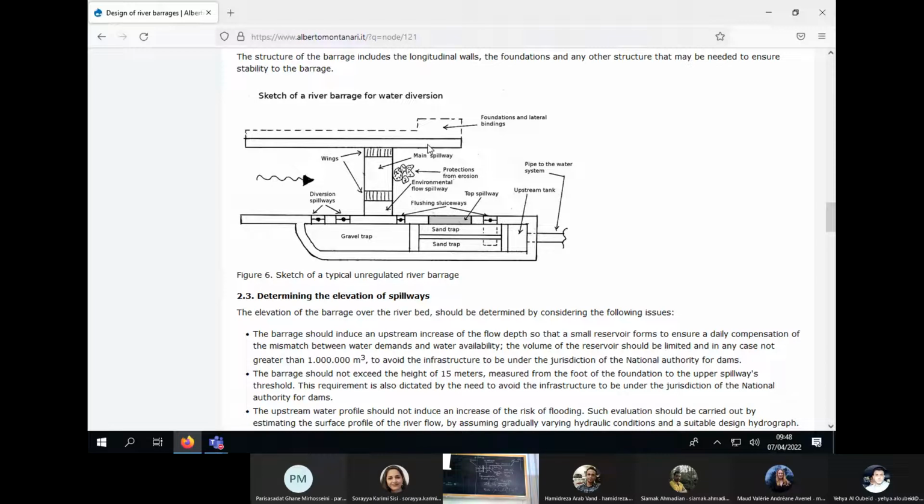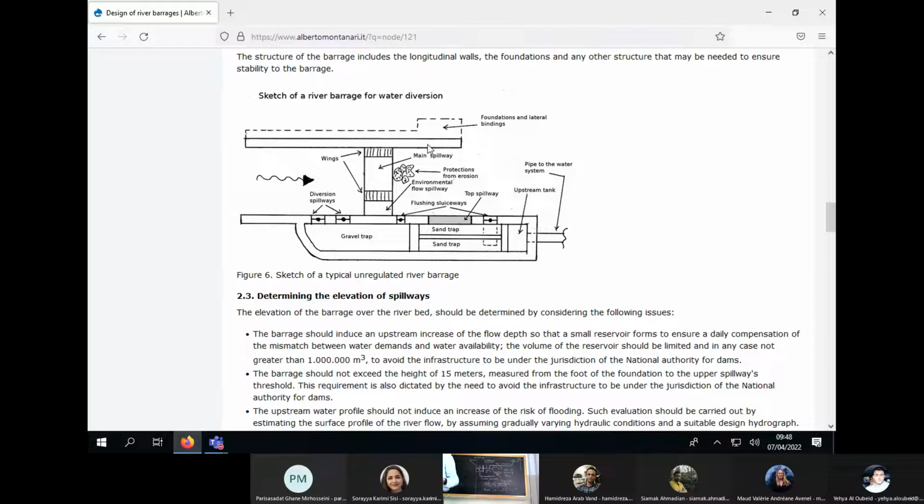In the preliminary design, we often make the design itself by using rules of thumb. And I'm making this introduction because the gravel trap usually is designed in the preliminary design with a rule of thumb.